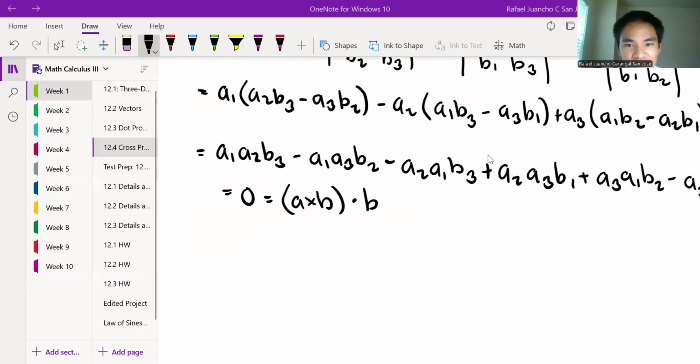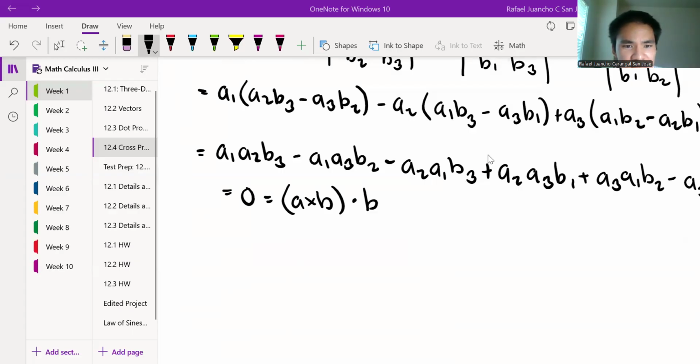If A and B are represented by directed line segments, now what do we mean by directed line segments? We say that they are vectors with the same initial point as in figure 1. I'm going to show you what figure 1 is. I'm going to take a screenshot.